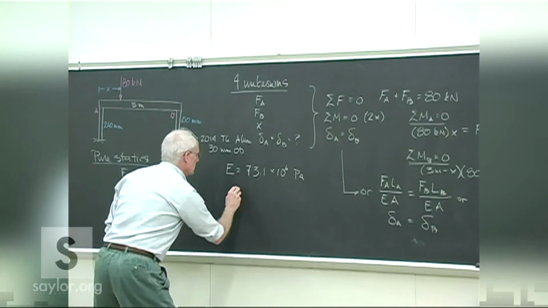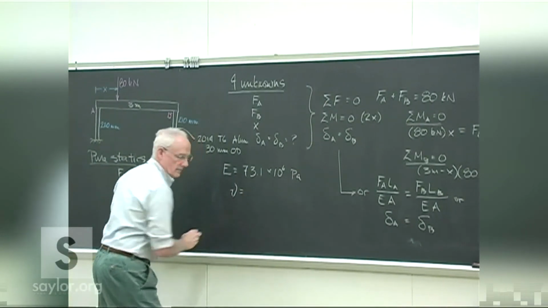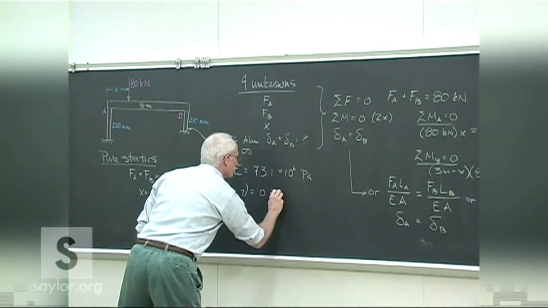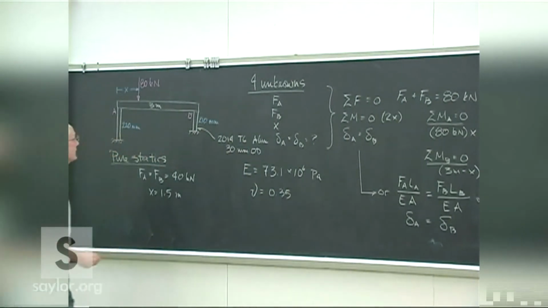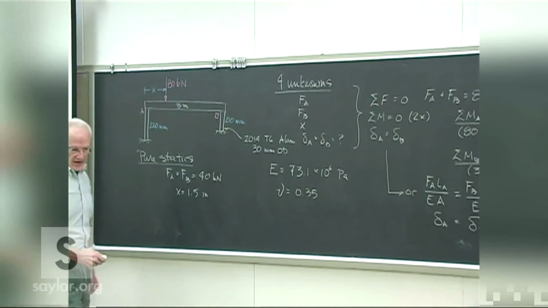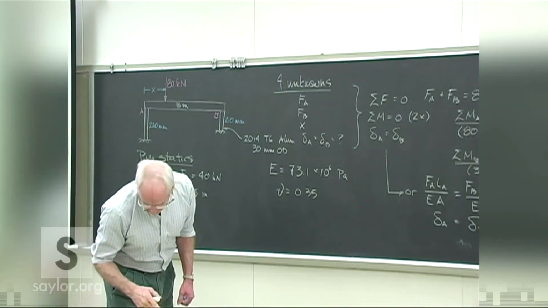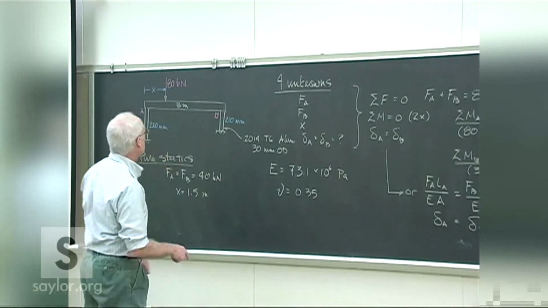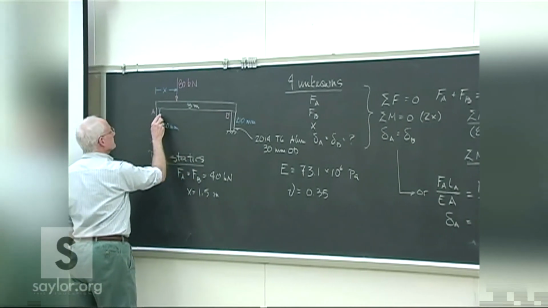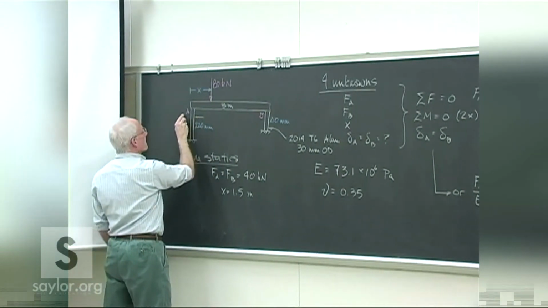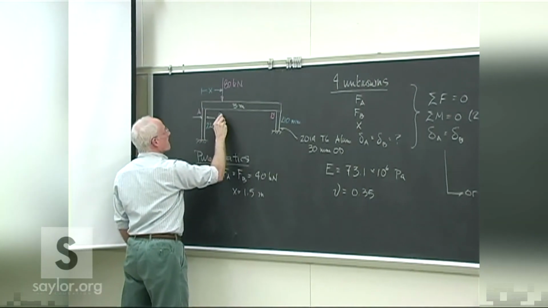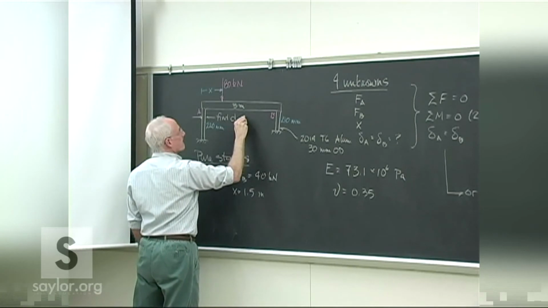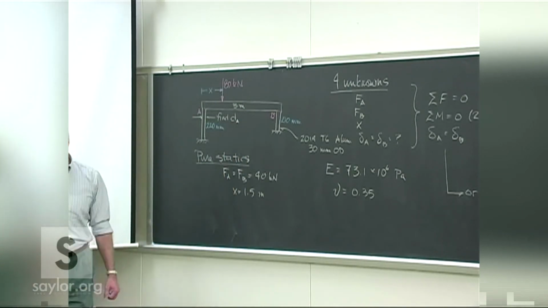And the ratio, sorry, Poisson's ratio, 0.35. Want that because I want to find the final diameters. I hadn't put that up yet, but that was one of the things to look for. The final diameter.